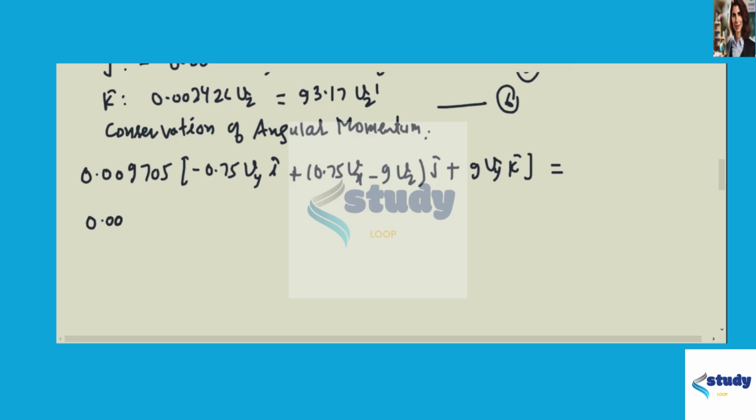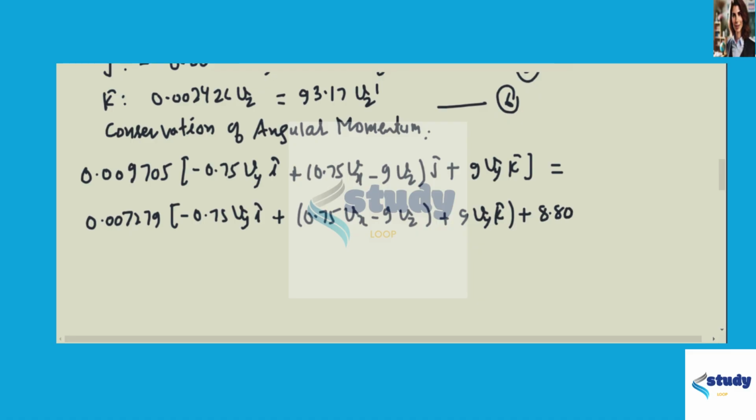So 0.007279 into minus 0.75 Vy i cap plus 0.75 Vx minus 9 Vz j cap plus 9 Vy k cap, plus 8.8075 i cap minus 22.703 j cap plus 145.58 omega z k cap.